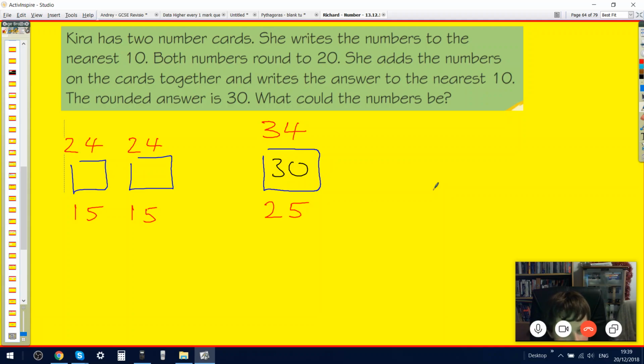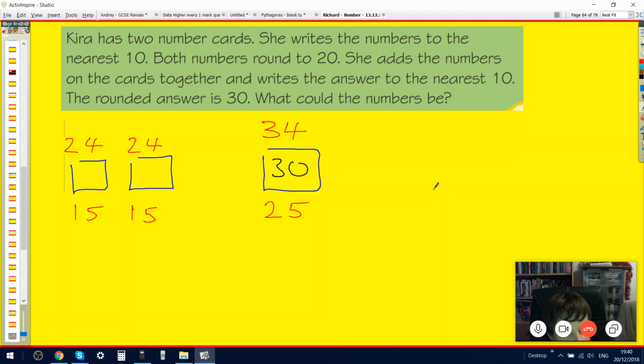You can maybe add together maybe 20. Maybe you could add together 24 and 15.